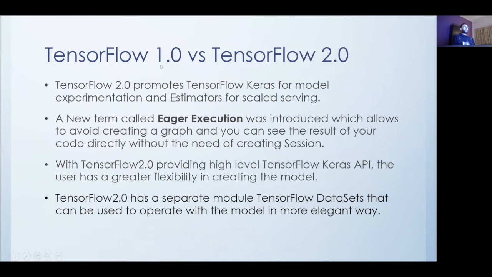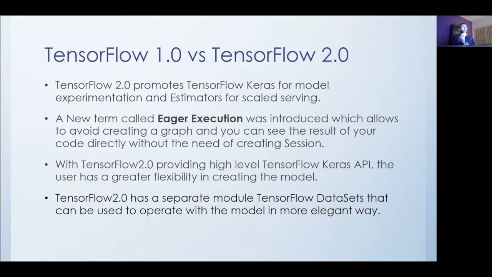Okay, so next, what are the differences between TensorFlow version 1.0 and 2.0? The main difference is that in version 2.0, we have a new concept called eager execution. In TensorFlow 1.0, we had to create graphs for performing even the smallest of operations. For example, if I wanted to add two numbers, I would first need to create a graph.